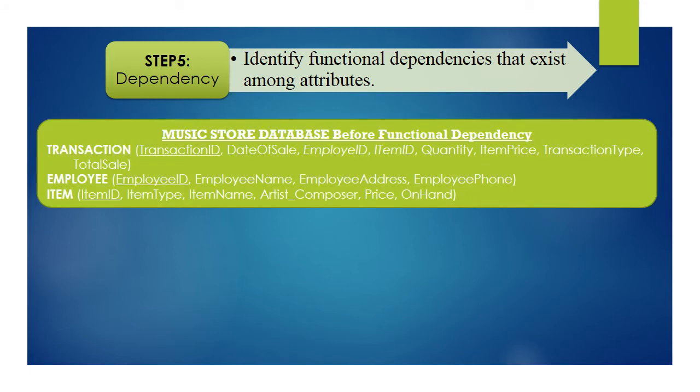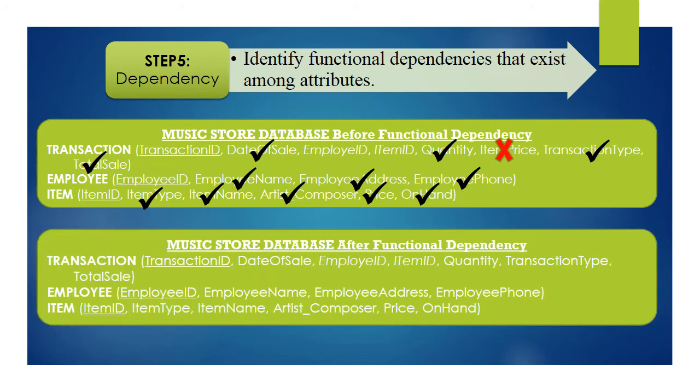The item price has to do with the item and not the transaction. All items are dependent in the employee table, and all items are dependent in the item table. Our new table will become what you see here.